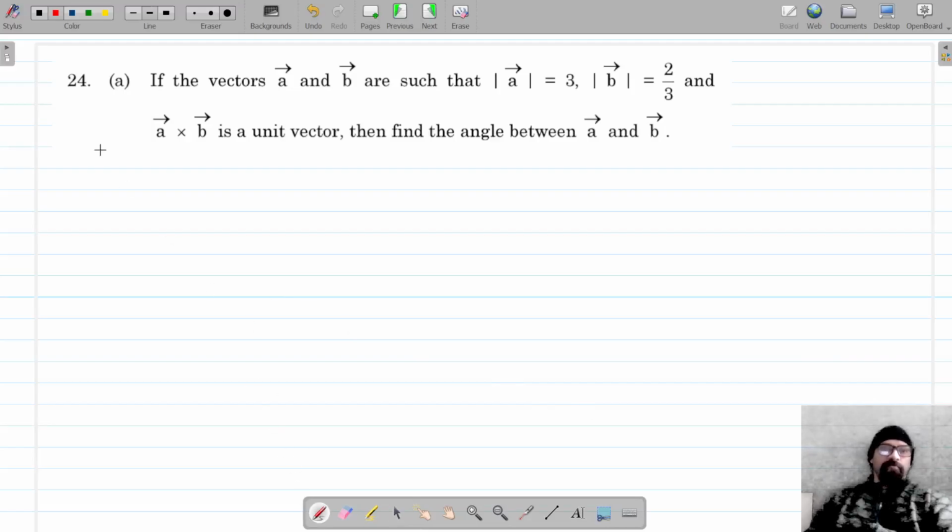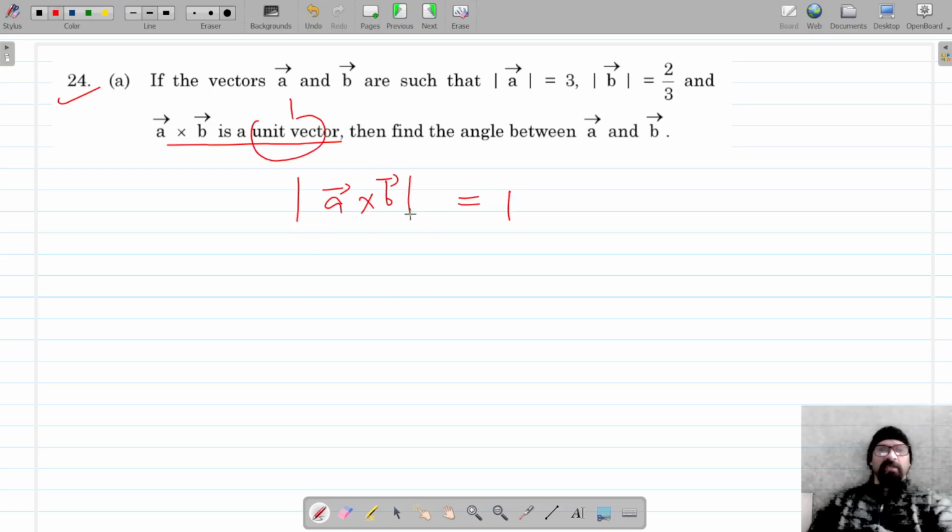For question number 24, part A, it's given that A and B are vectors such that the magnitude of A is 3 and the magnitude of B is 2 by 3, and A cross B is a unit vector. A cross B is a unit vector means that the magnitude of A cross B is equal to 1. And the magnitude of A cross B is given by magnitude of A, magnitude of B into sine theta, that's equal to 1.